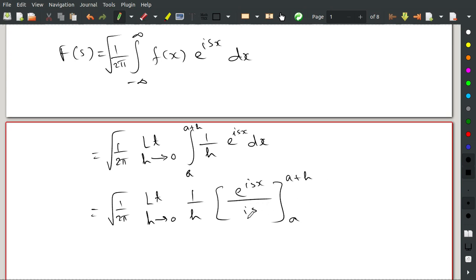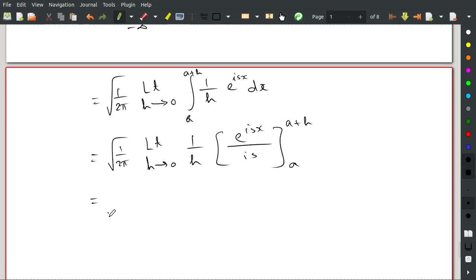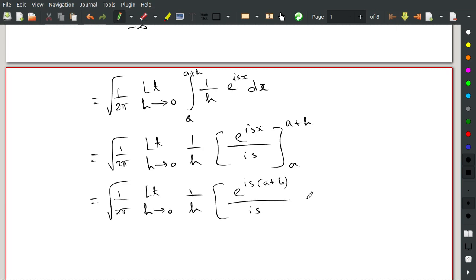Upon substitution of the limit, we have root of 1 by 2 pi, limit h tends to 0, 1 by h, and for the upper limit we have e power is(a plus h) divided by is, and for the lower limit we have e power isa divided by is.